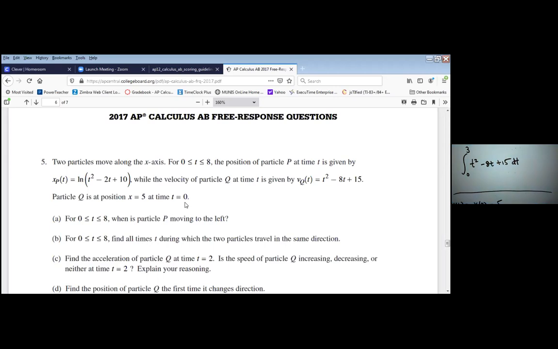Okay, if we go and integrate that, what's that going to do? So here's our scratch paper. We want to integrate this. That would be t to the third over 3 minus 4t squared plus 15t from 0 to 3. Okay, we need to figure out what that is. So it's going to be plug in 3 minus plug in 0. If we plug in 3, that's going to be 27 over 3, which is 9, minus 4 times 9, which is 36, plus 45, minus plug in 0, which is 0.